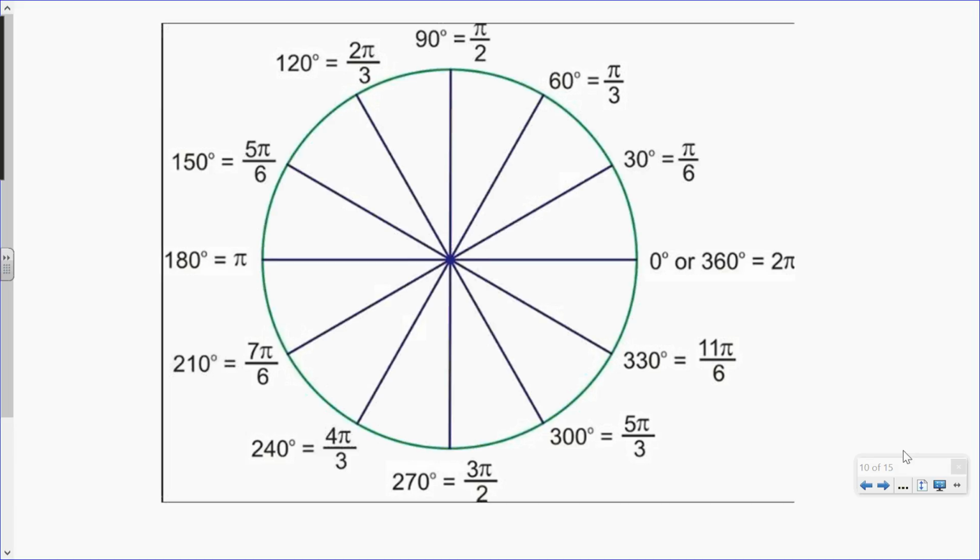Now, think of the Ferris wheel example. Remember when, if I go up a 30-degree angle, what would the sine ratio be?